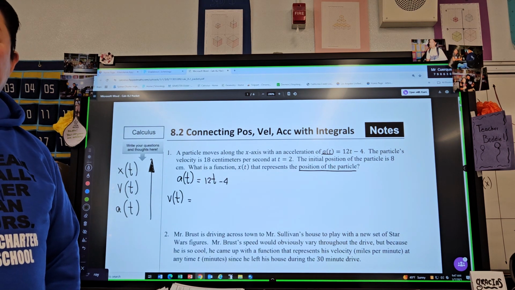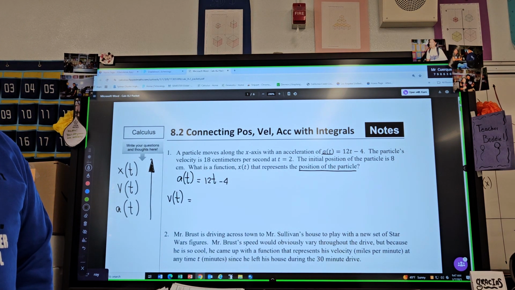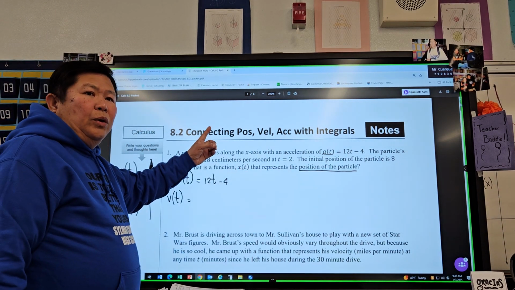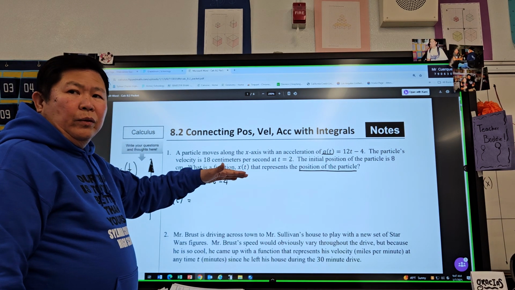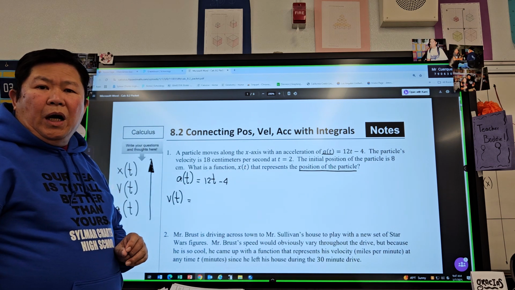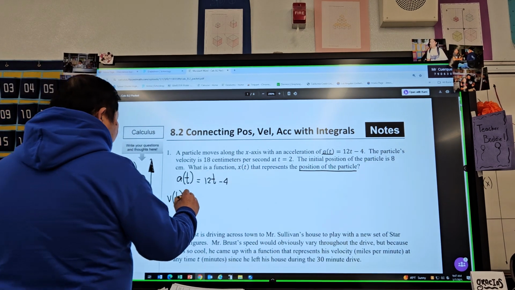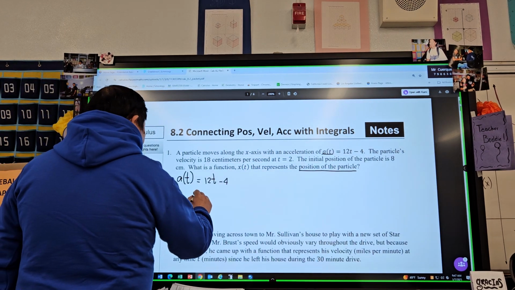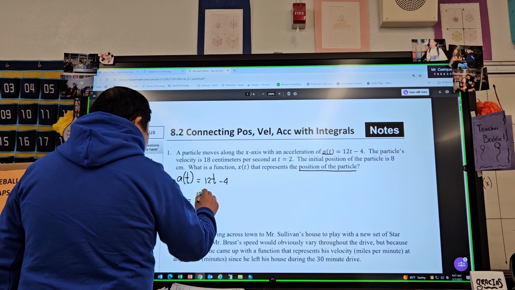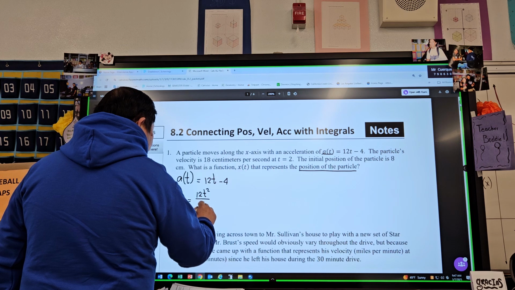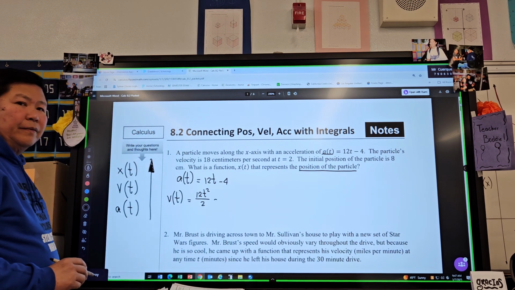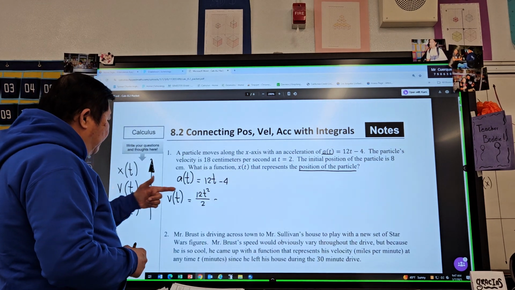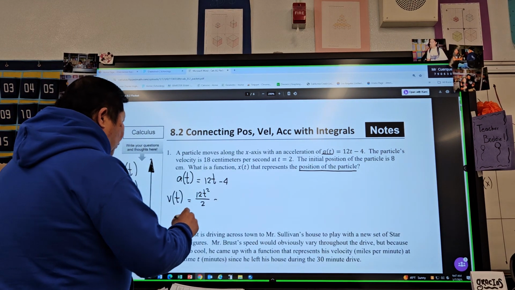Power increases by 1. Okay, so meaning power is 1, so plus 1 is 2, then whatever is the new power becomes the divisor. So for the sake of discussion, I'm gonna write it this way: 12t squared over 2 minus 4. We're gonna have this in terms of t, so we have 4t.